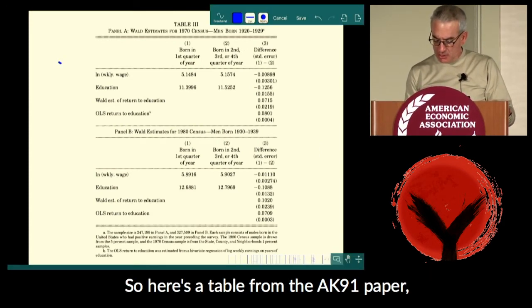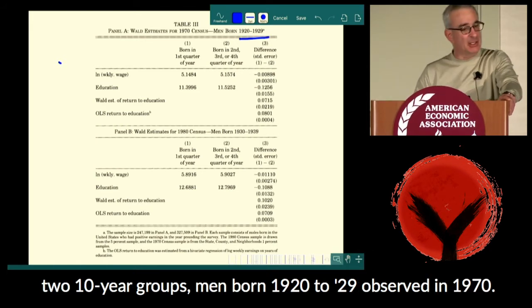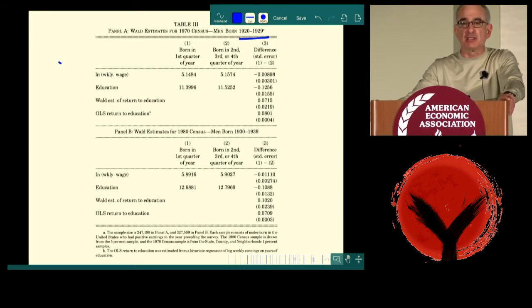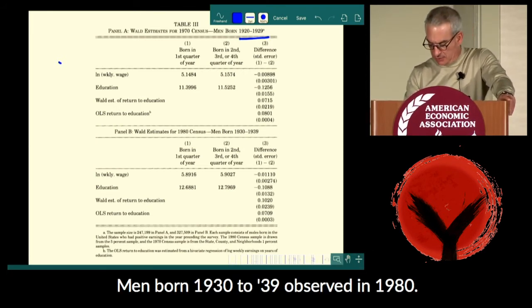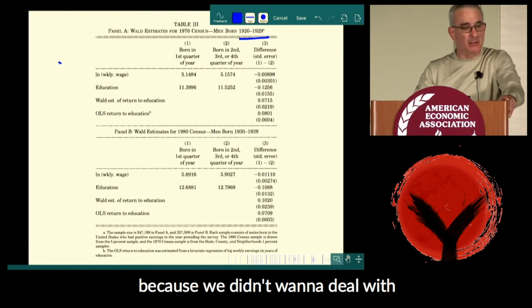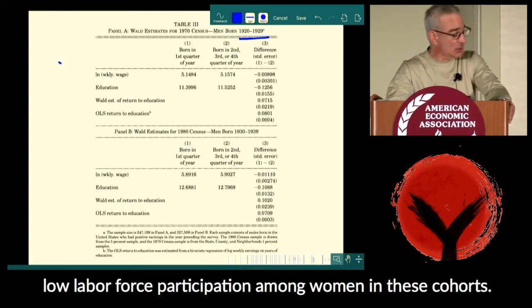or QOB234. So here's a table from the AK91 paper: two 10-year groups, men born 1920 to 29, observed in 1970, and men born 1930 to 39, observed in 1980. It's only men here because we didn't want to deal with low labor force participation among women in these cohorts.